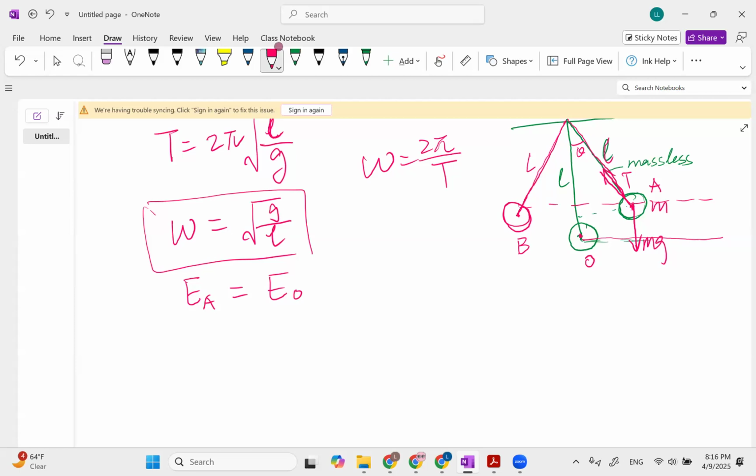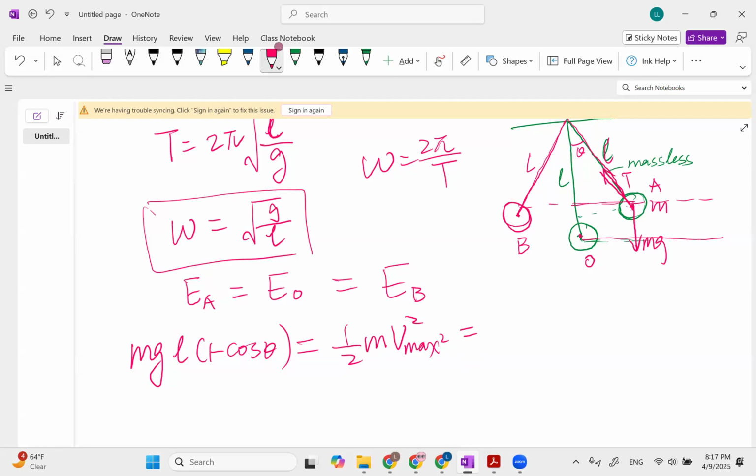So if you look at E_A equals E_O equals E_B. When it's released at A, that's potential energy. And then at O, it's a half m v max squared.